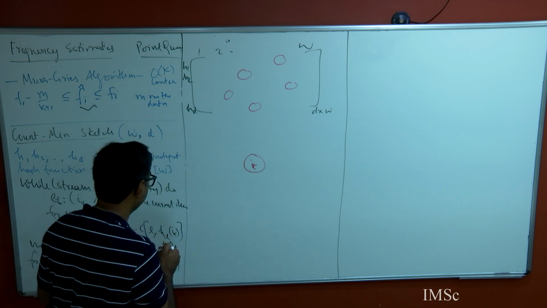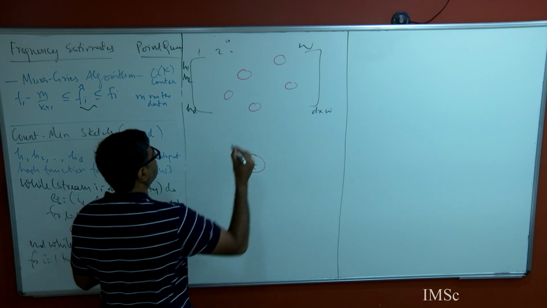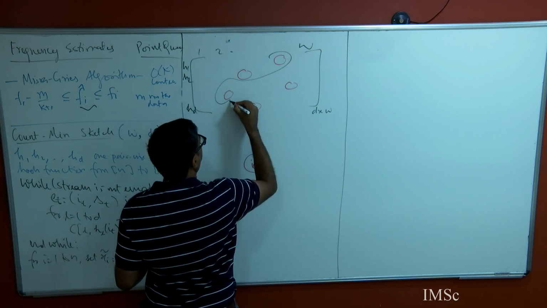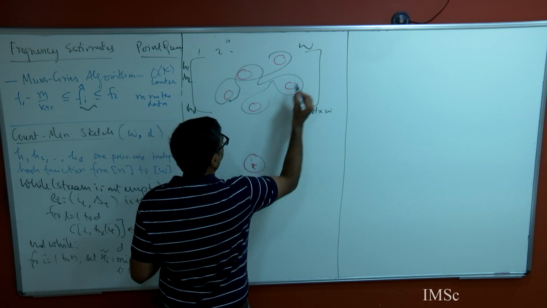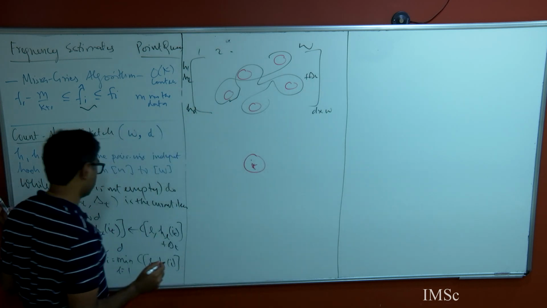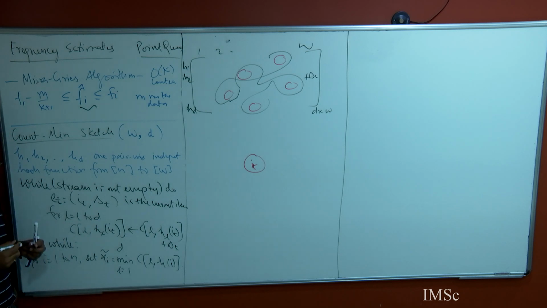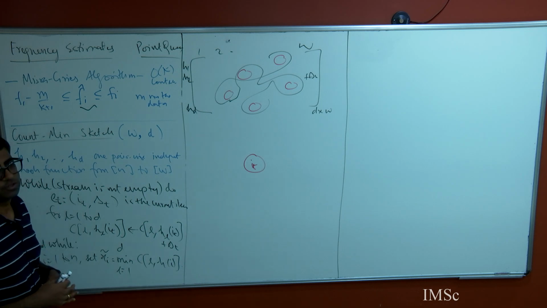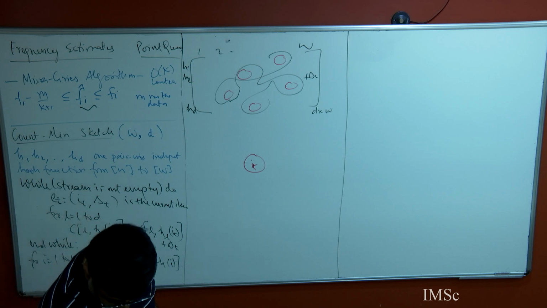What this algorithm does is, for all these places, you add delta t. The hope was that these hash functions are good enough that they spread the big hitters all around the places, and the error which goes in is not too much. So we managed to prove this.